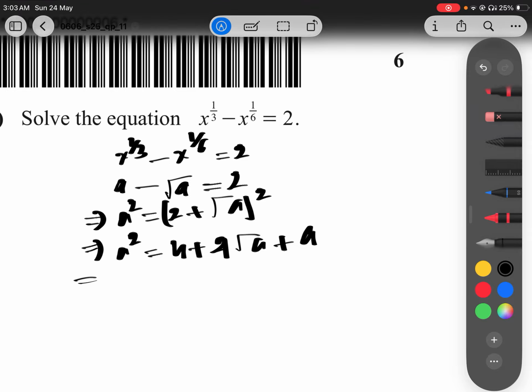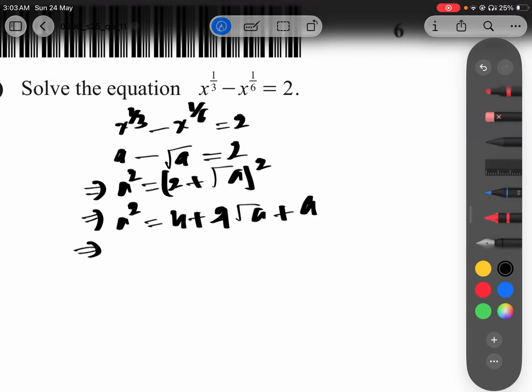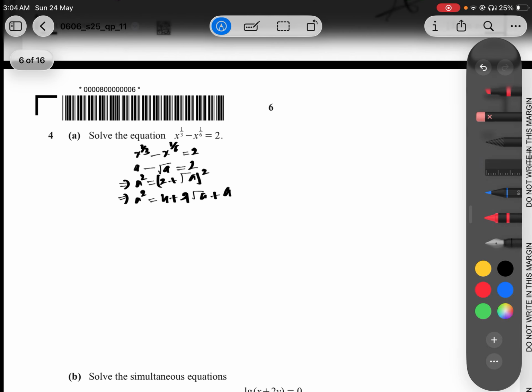This is a, a square is equal to 4. Okay, I know what to do. Now take this as a single image.